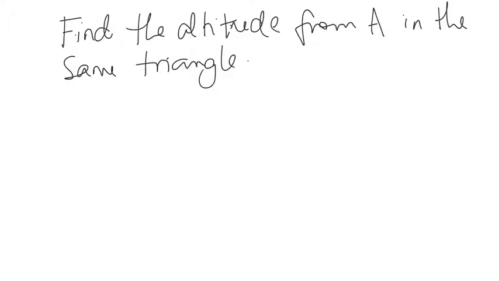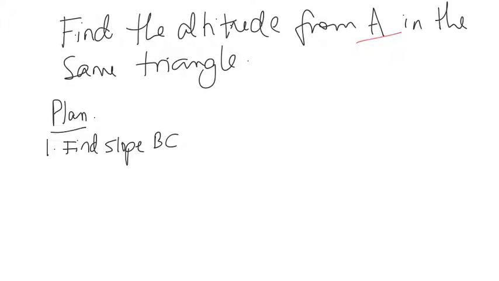I could do the exact same procedure for another altitude. In this case, I'm going to do it from the point A. My plan isn't going to change very much. So my plan, step 1, I need to find the slope of BC, that line segment.